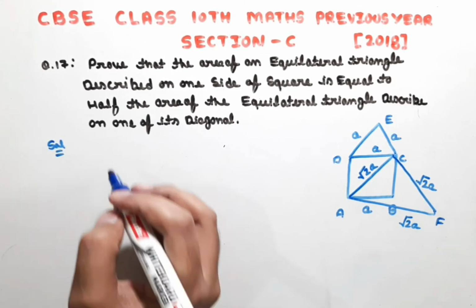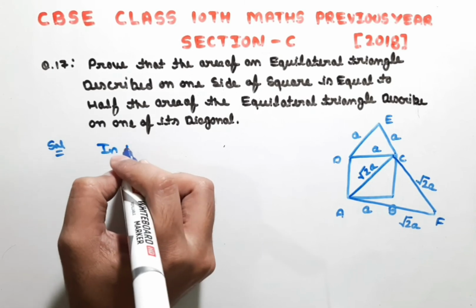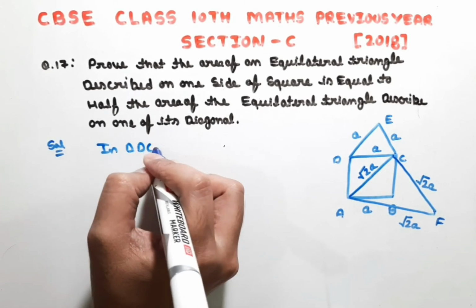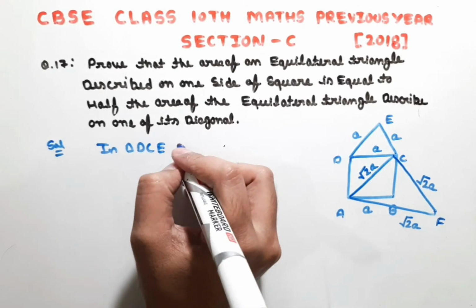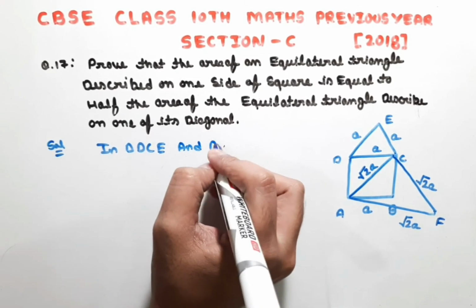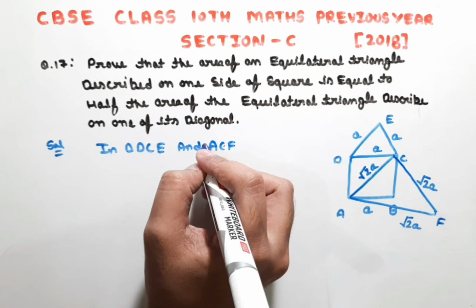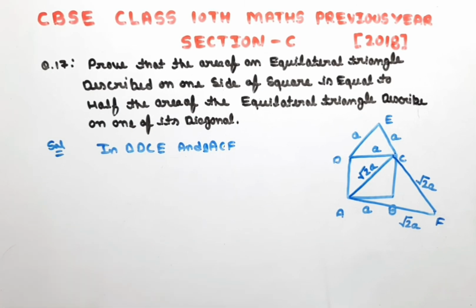Now in triangle DCE and ACF, both the triangles are similar because both are equilateral triangles.